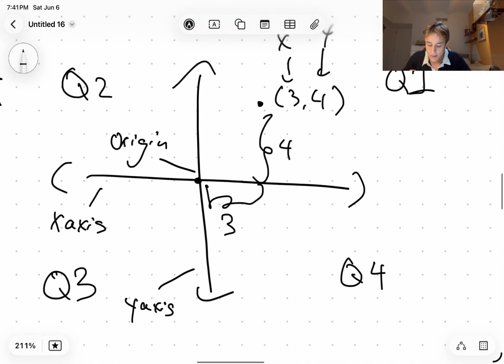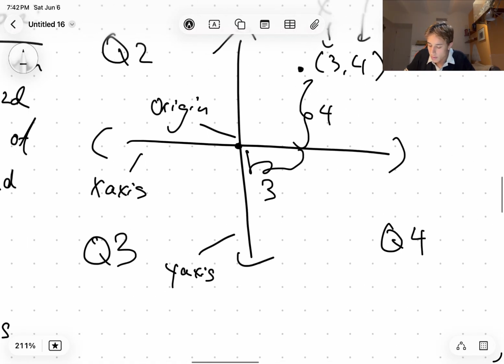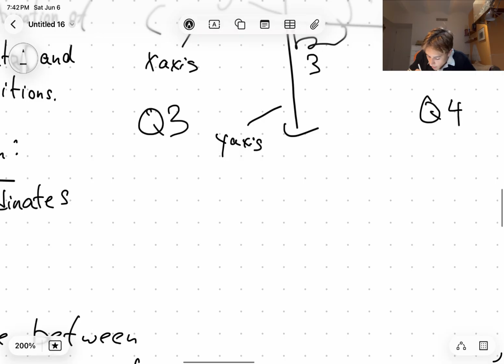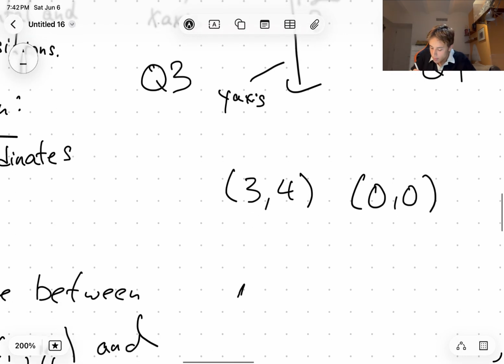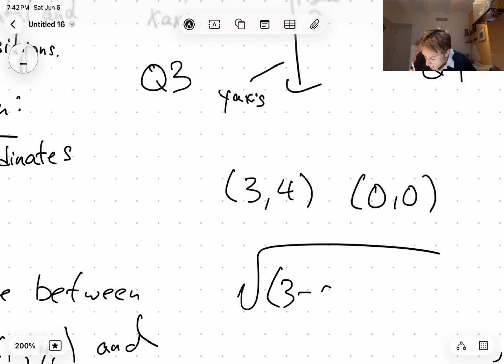So for example, we can find how far away the point 3, 4 is from the origin. Our 2 points that we want to find the distance between are 3, 4 and 0, 0. So to do that, we would have to take the square root of (3 minus 0) squared plus (4 minus 0) squared.